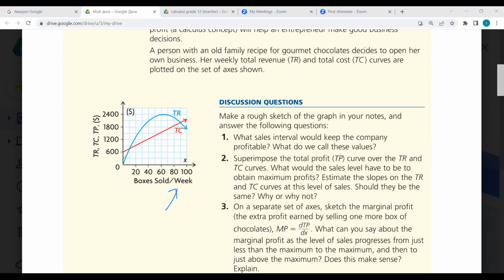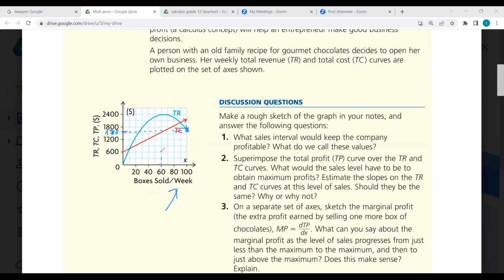So this is basically the amount of money that is either spent or earned, right? So here we can see that per week, she sold basically 100 boxes. If she sells 100 boxes per week, she gets TR, total revenue, of somewhere around 1,700, right?